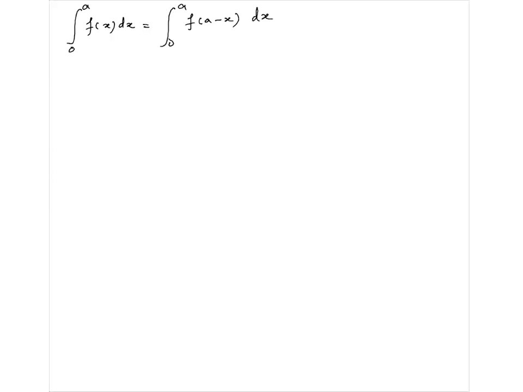And then we can do that A to B case. Look at RHS, this integral. Put this.